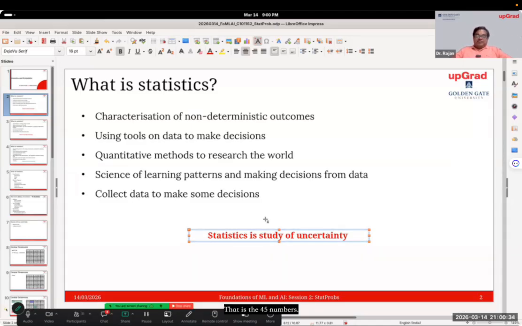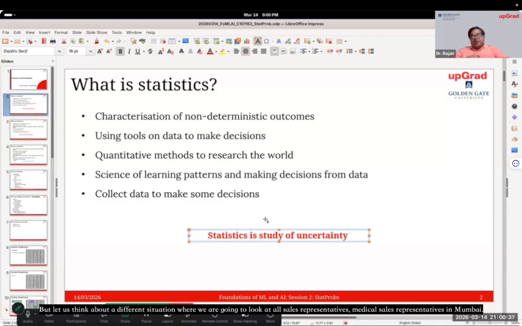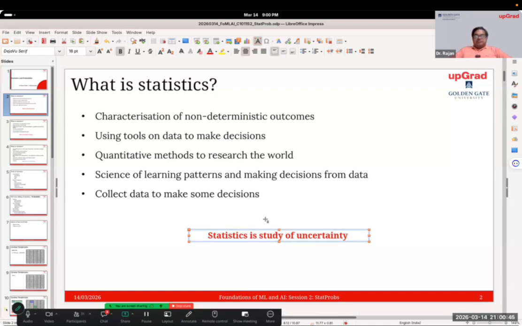But let's think about a different situation where we look at all medical sales representatives in Mumbai. What were their take-home salaries? That runs into hundreds, if not thousands.